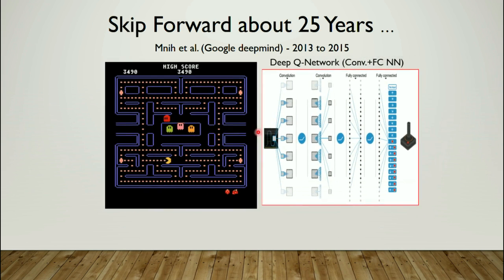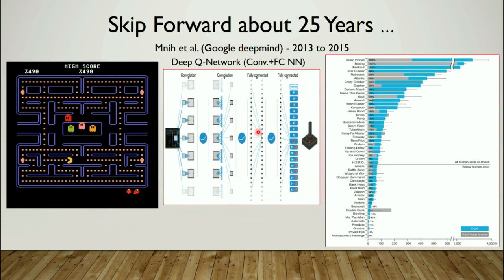Let's look at some results. This is actually the results that we see here for this method. We have a bunch of games here, I think it's a few dozen Atari games. Pac-Man is here. It's actually one of the ones that perform really poorly with this network.